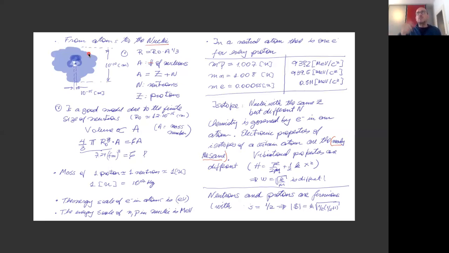That difference in energy has to do with the wavelength of light that we actually see. The energy scale for neutrons and protons inside the nucleus is mega electron volts, 10 to the 6. So if the energy of atoms is electron volts, the energy of nuclei is mega electron volts, 10 to the 6 electron volts.